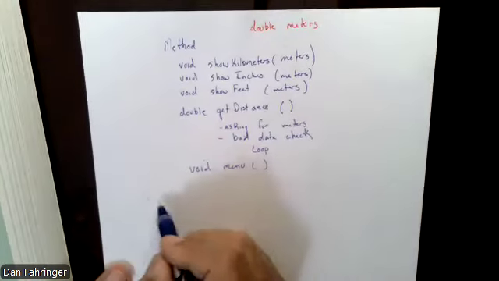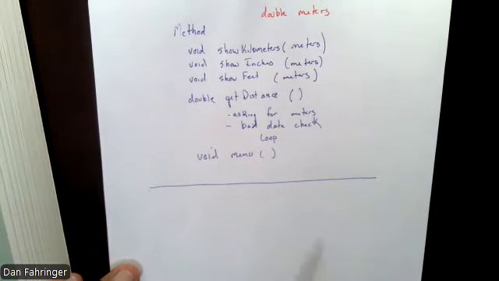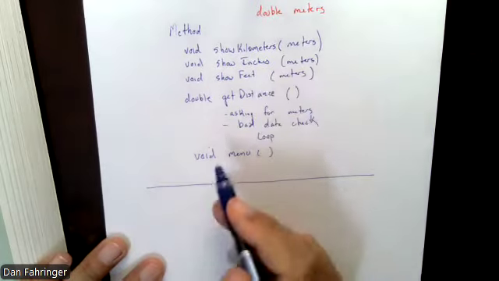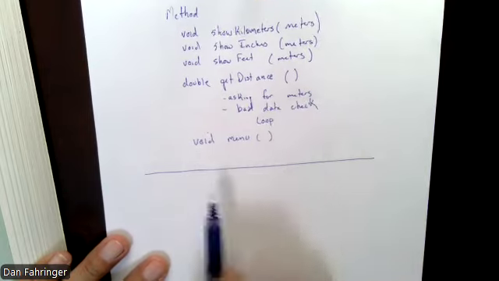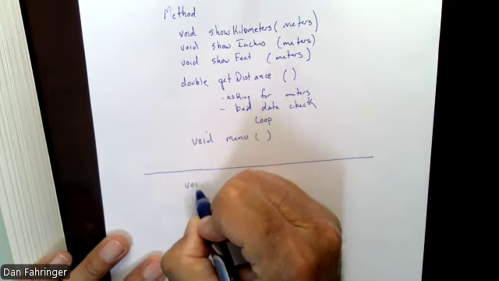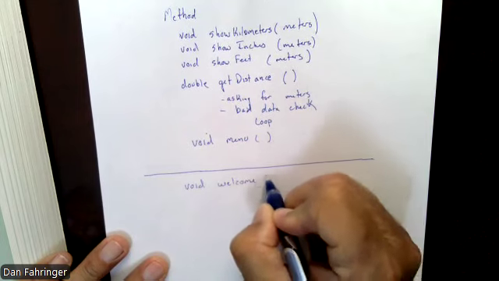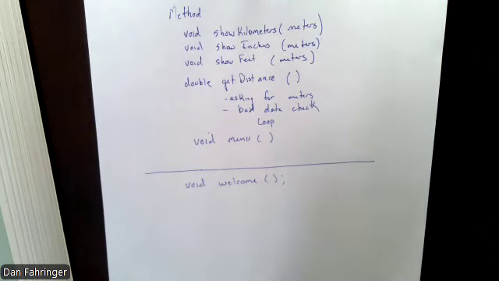I want to come into the program and I may have a welcome screen. Let's create a void method called welcome. All that does is display a dialog box that says, hey, welcome to this program.